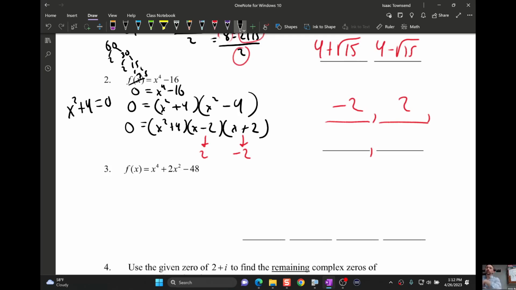Now I guess you could use quadratic formula, but that's going to take a lot more work than you need to. Really all you need to do is subtract the 4 over and take the square root of both sides. What's the square root of -4? 2i. Now, if you make enough blanks, if you say this is a 4th degree, so I should have 4 answers, sometimes like this, I just kind of glossed over my mistake.